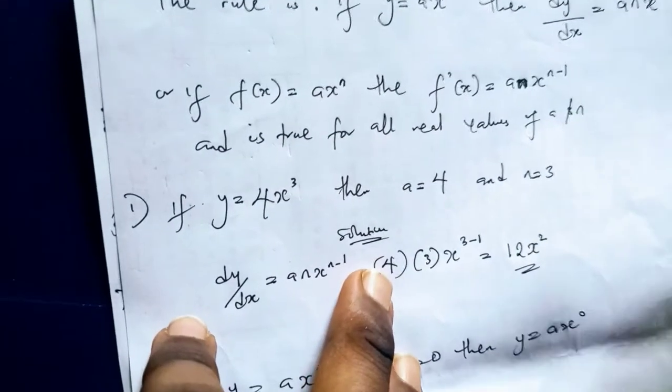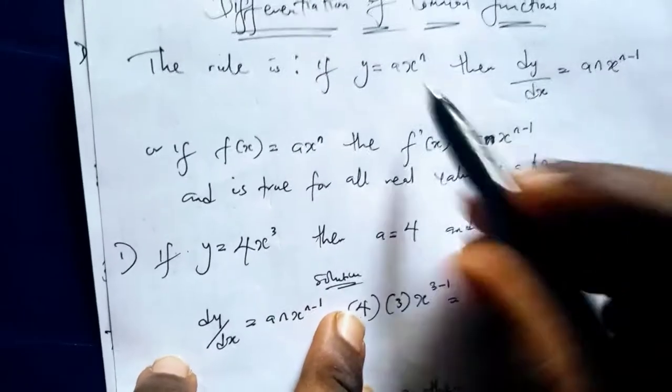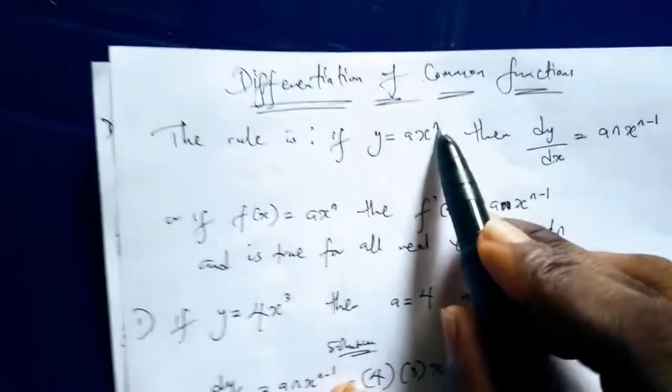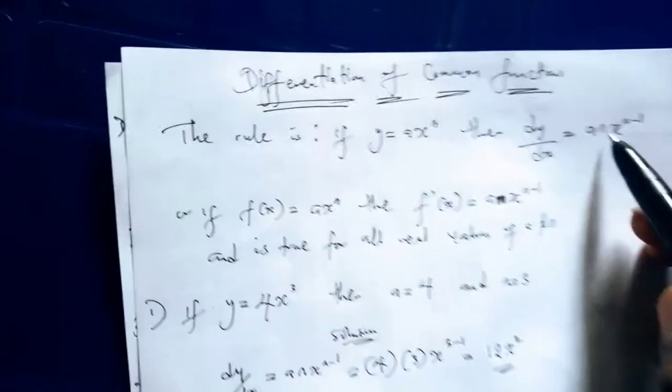Now the rule is you bring down this n, multiply it by a, then you minus 1 from the n, which is what you can see here.